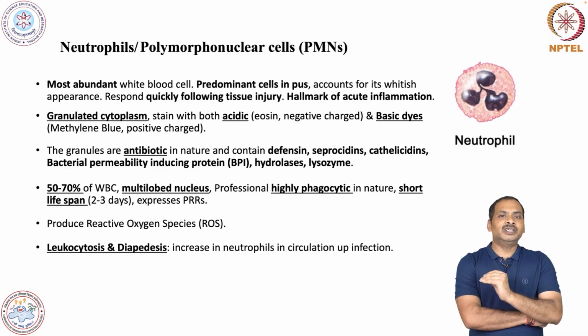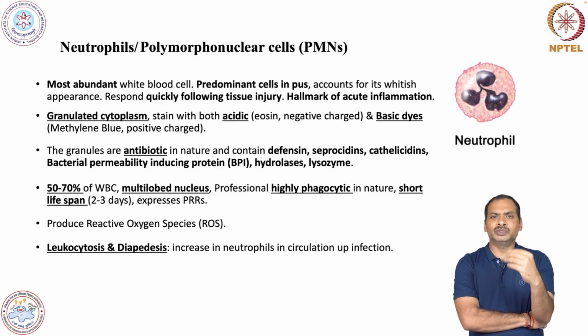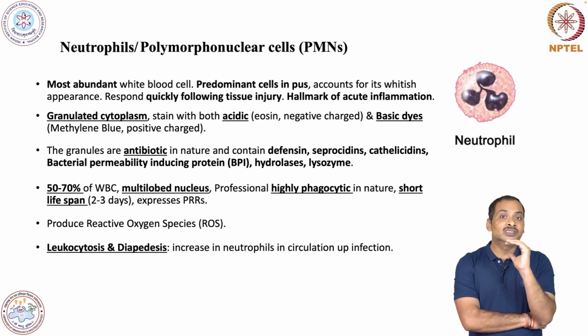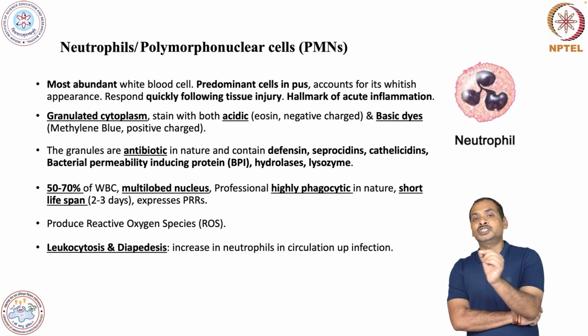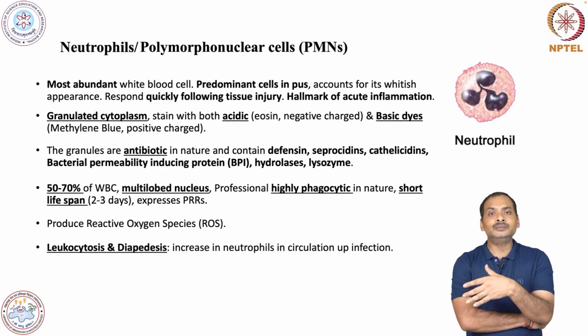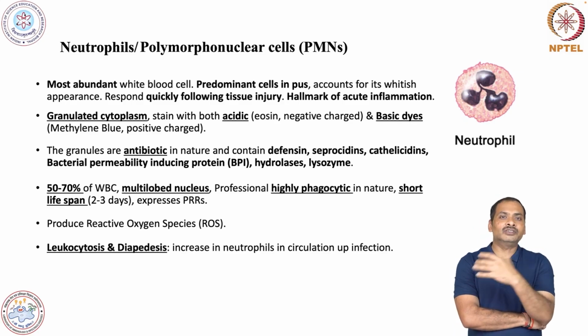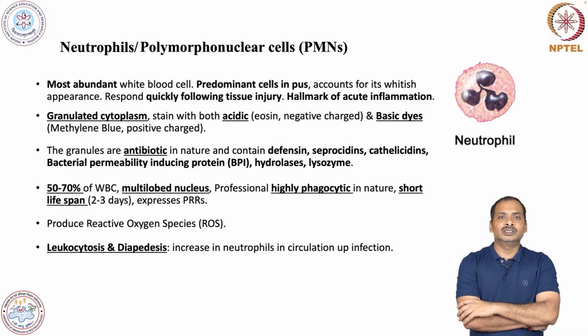Diapedesis means there is a movement of these cells, which are immune cells, across the blood vessels without rupturing. So, immune cells can migrate from the blood vessel to the tissues without rupturing the blood vessel wall. That we call diapedesis. Okay. So, neutrophils show these properties.